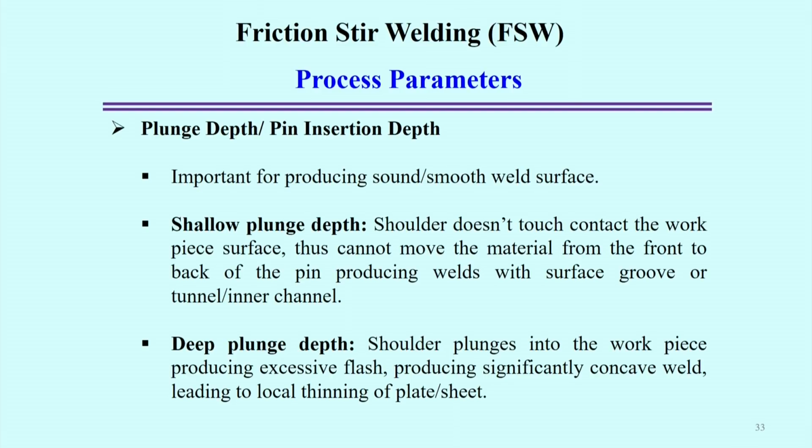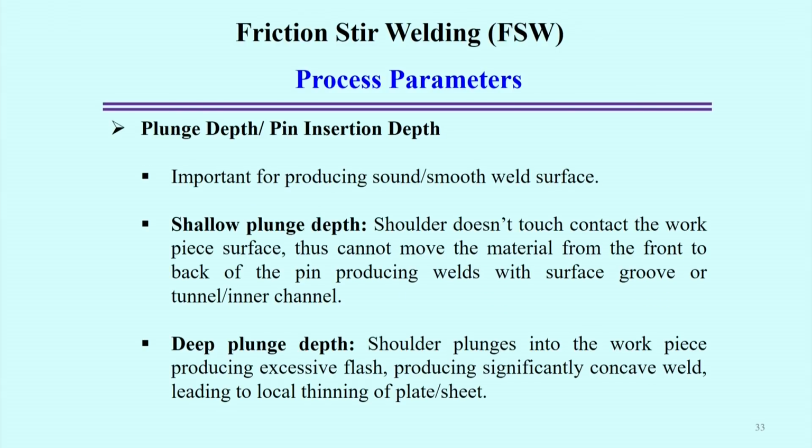Full depth of penetration we normally achieve in the laser welding process. Similarly, if we want full depth welding in friction stir welding, then it is necessary to define the length and strength of the tool pin.